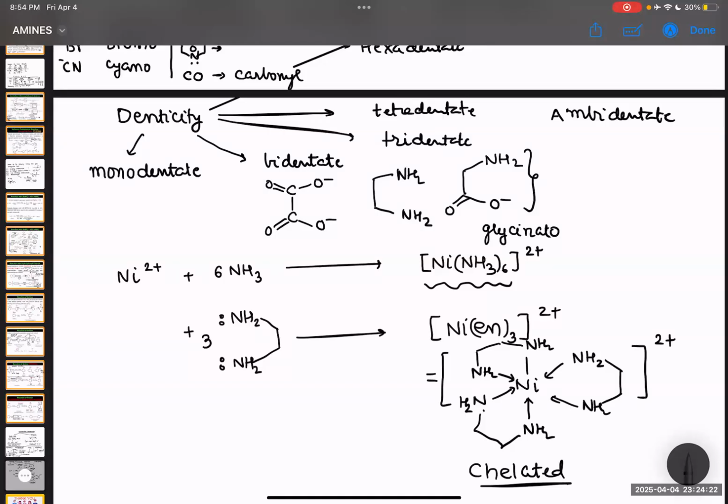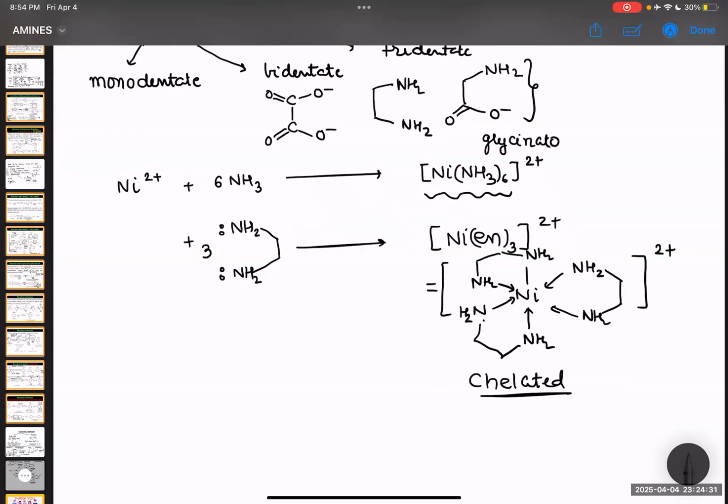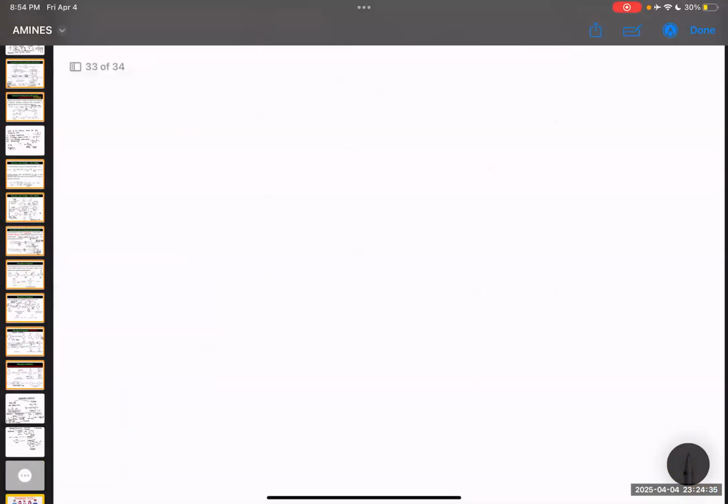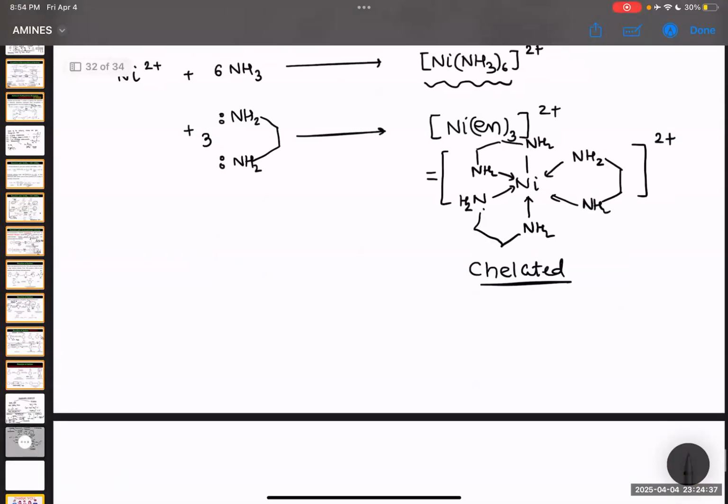Suppose if you have a tetradentate ligand or tridentate ligand, then one ligand is capable of forming more number of rings. For example, if I give you Ni(dien) whole twice. So what is this dien?